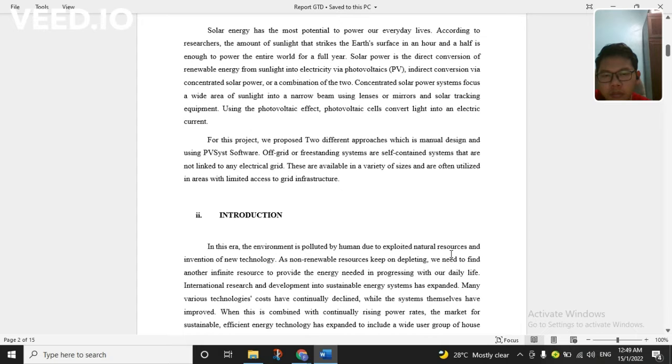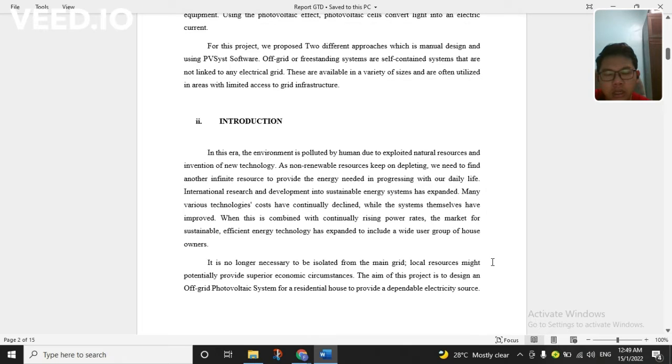For the introduction, as the environment is more polluted than before because of human exploitation of natural resources and the invention of new technology, we need to find a more renewable resource, which is sunlight energy, to progress with our daily life. The research about sustainable energy systems is more developed than before. Many various technology costs have declined and the systems have improved.